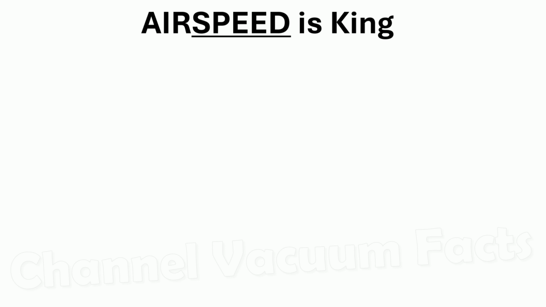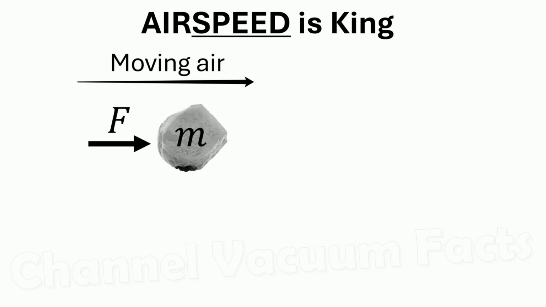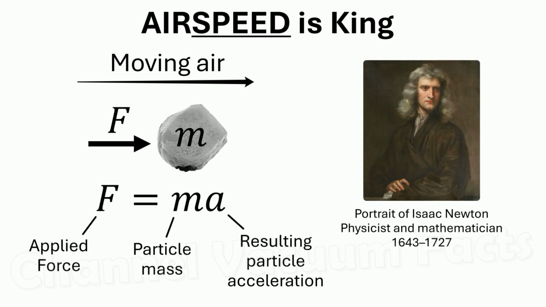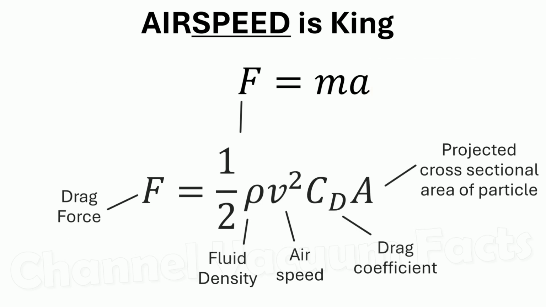To accelerate a dirt particle out of the carpet, the air moving into the cleaner head must exert a force on it. This is described by Isaac Newton's second law of motion. This force is a complicated, empirically determined fluid dynamical drag force that depends on the particle's shape, size, and the speed of the air flowing over it.